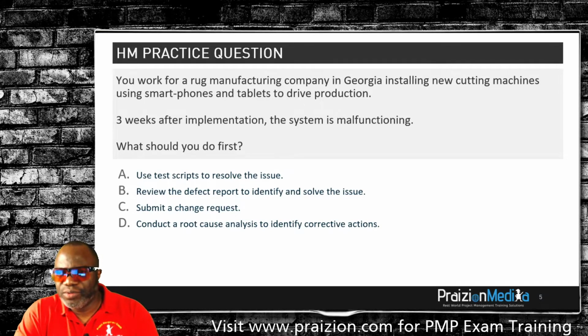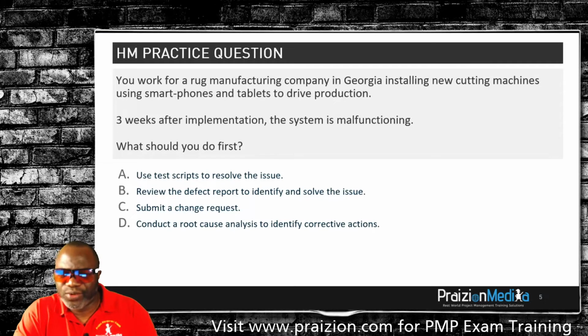B says, review the defect report to identify and solve the issue. Well, what should you do first? You're not going to review any defect report because this talks about a system malfunctioning. So it's not necessarily a defect report that's going to help you in this respect. C is a little bit presumptuous. It says submit a change request.